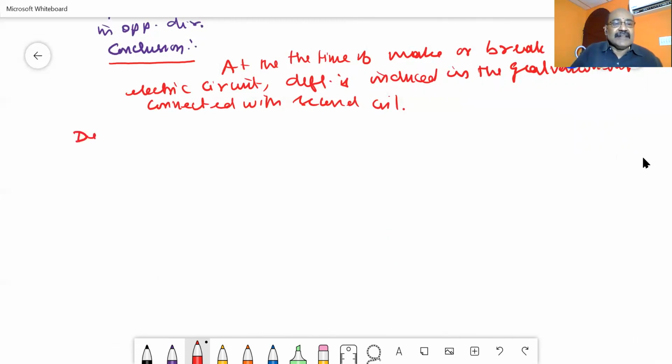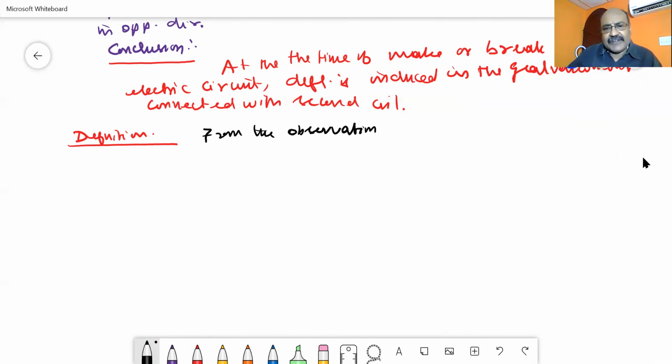It was defined from the conclusions of the experiments, from the observations.